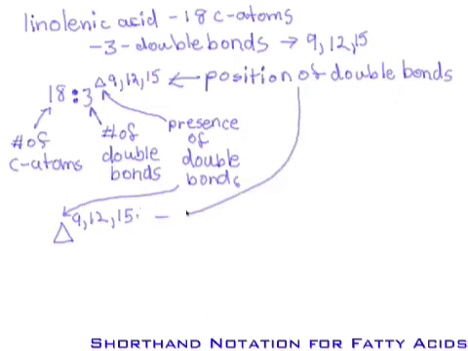Then right after this, in brackets, we have a C. The superscript number is the number of double bonds, and the subscript number is the number of carbon atoms. So both shorthand notations have been used.